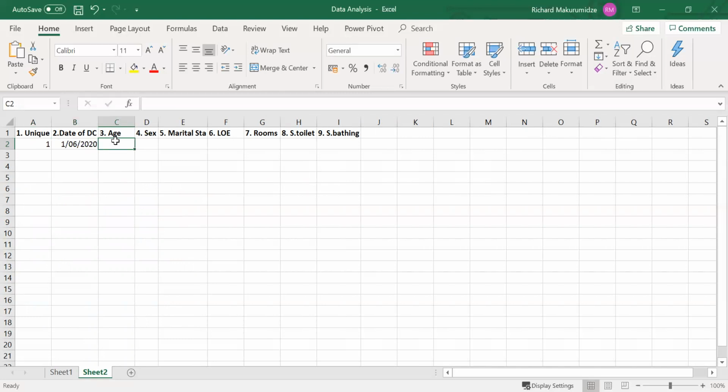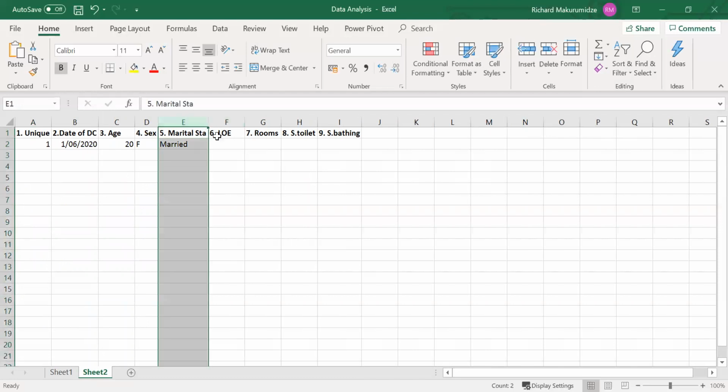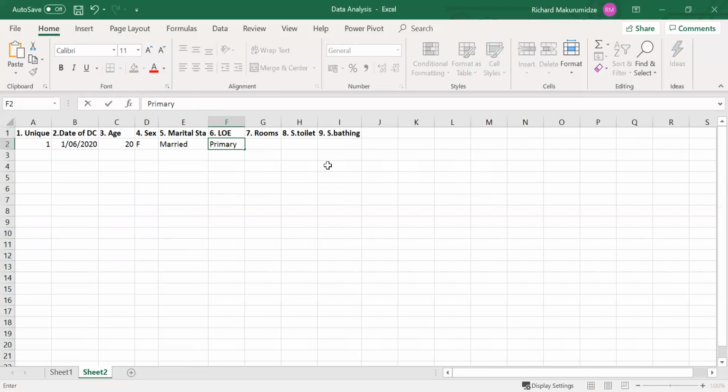What was the age for that? Maybe 20 years. What was the sex? Maybe it was female. Marital status, married. So I'm now capturing what is on my questionnaire onto my database. Level of education, it was primary. Number of rooms, what is the question?